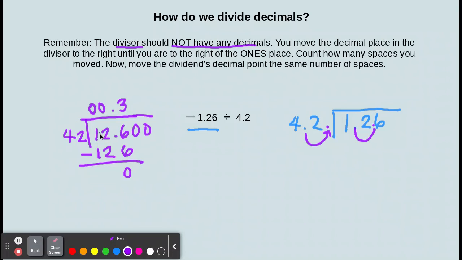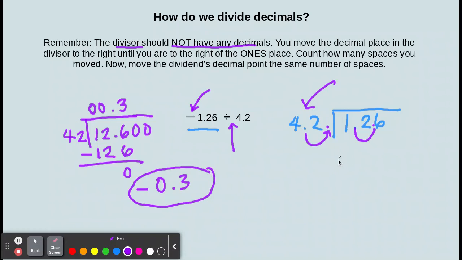So we're done. So our answer then becomes 0.3, but this is negative and this is positive. We have different signs, so our answer is a negative. Okay, remember when dividing decimals, your divisor should never have any decimals. So you need to move it and then therefore move it in the dividend as well.